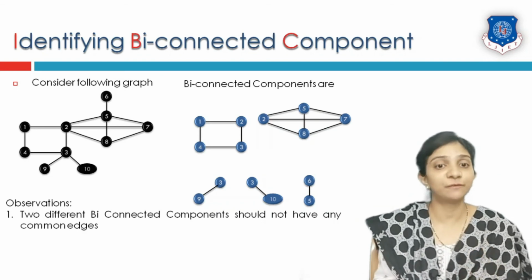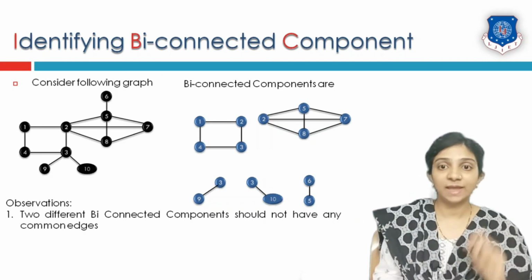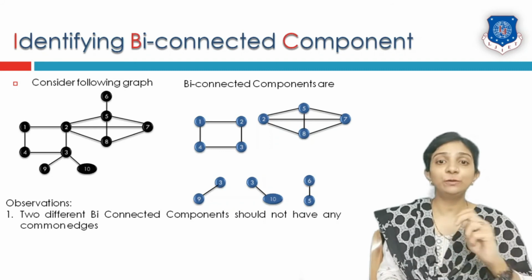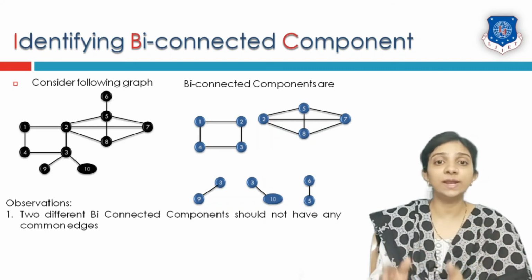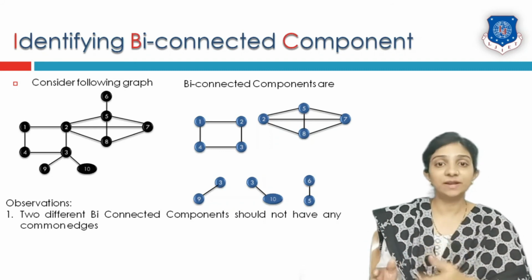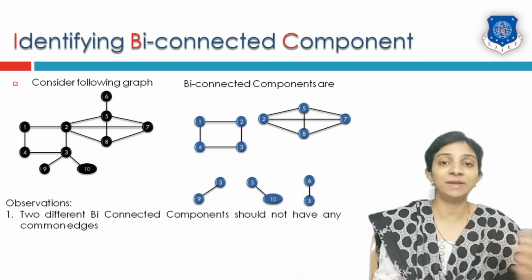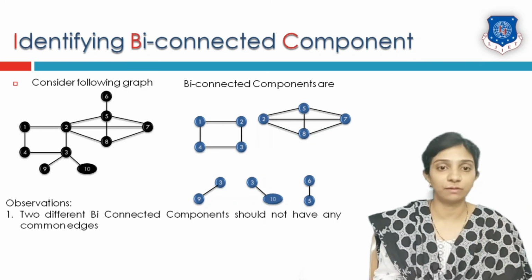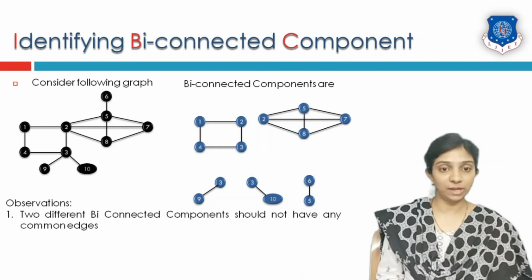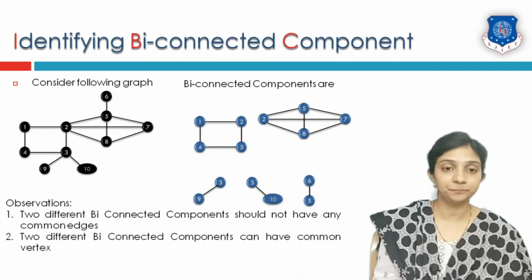That is what the first statement says. An edge from 5 to 6 is included in only one subgraph, but it is not present in any of the remaining biconnected components. That is the first property of biconnected components.